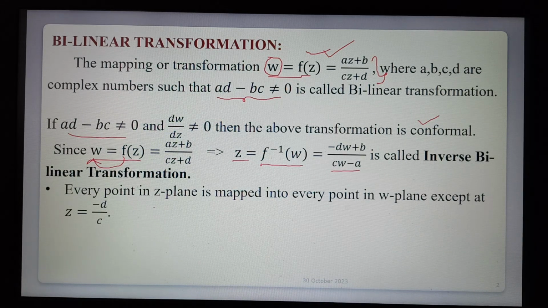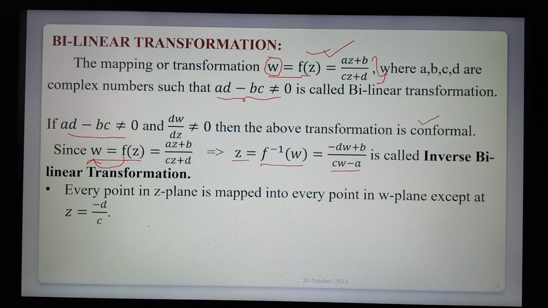One of the points here: every point in the z plane is mapped into a point in the w plane, except at z = −d/c. In the domain there is a codomain, the range.